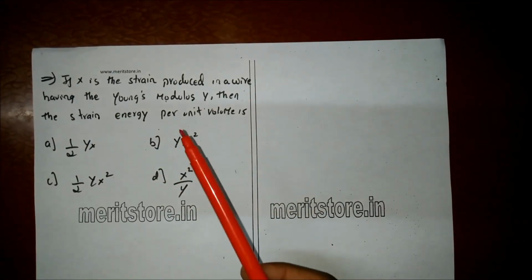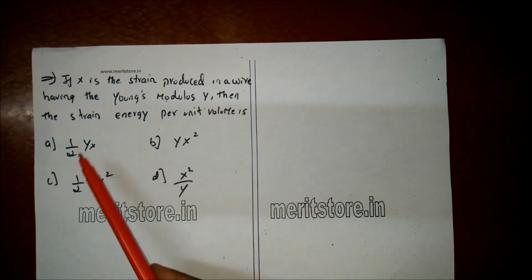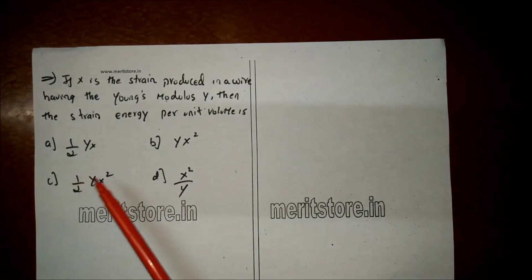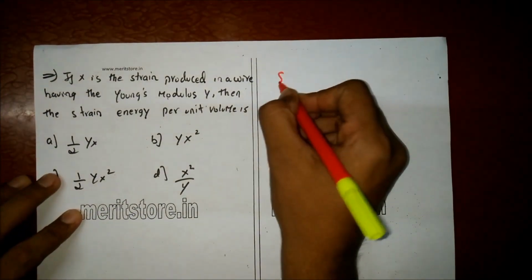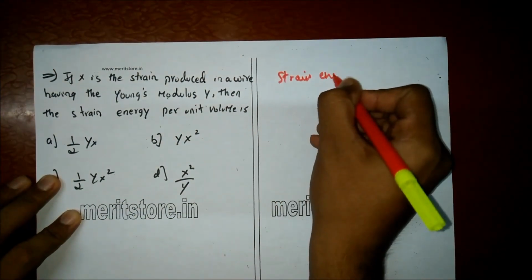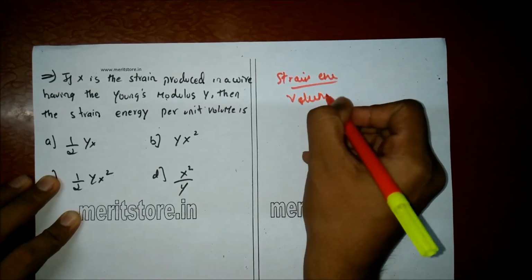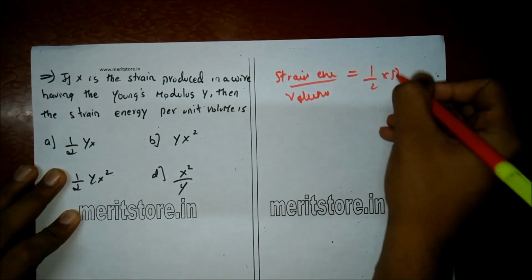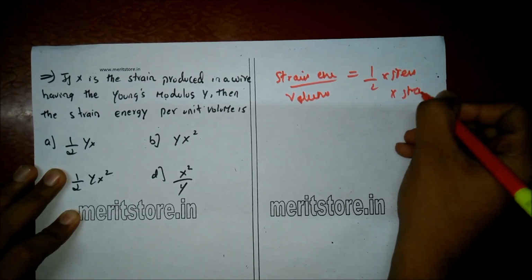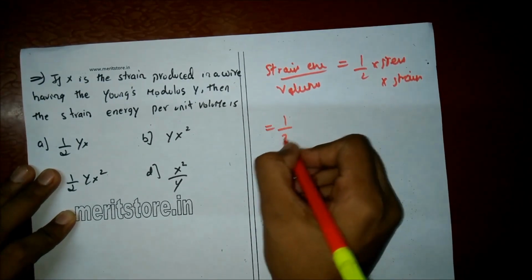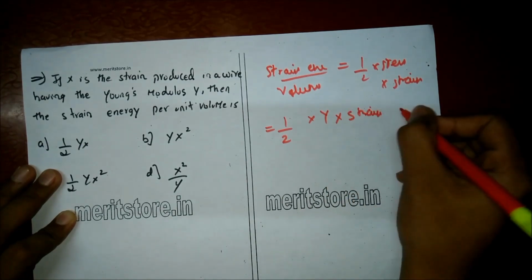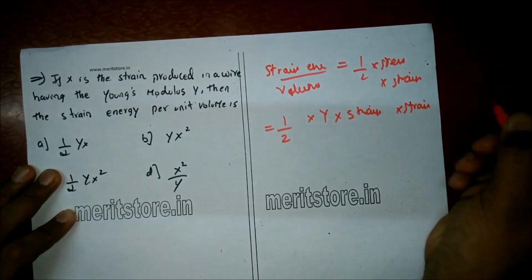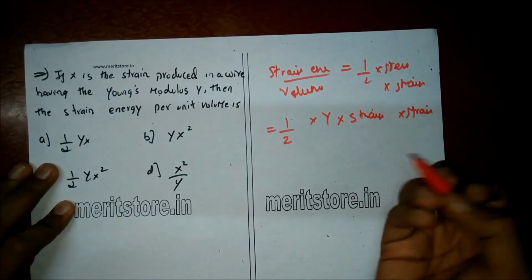X is the strain produced in a wire having the Young's modulus Y. Then the strain energy per unit volume is A half Yx, B Yx square, C half Yx square, D x square upon Y. Now, the strain energy per unit volume is equal to half into stress into strain, which is equal to half into Y into strain into strain, since stress is equal to Y into strain.